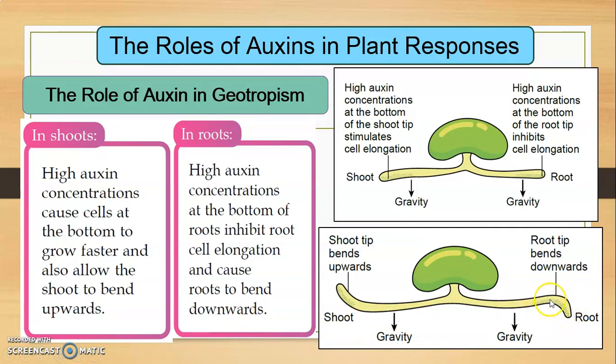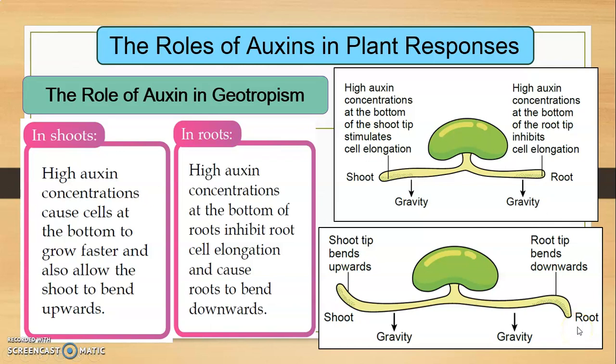So because of the higher concentration of auxin at the bottom side, it will inhibit cell elongation at the bottom side. Okay, and then what happens? The upper side will elongate more, and then it will cause the root to bend downwards.